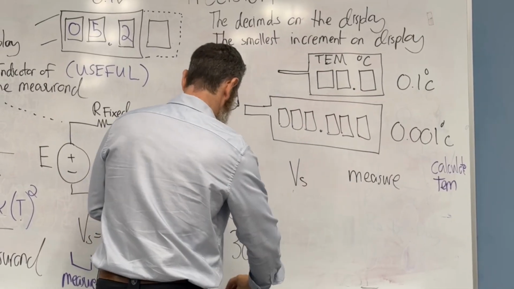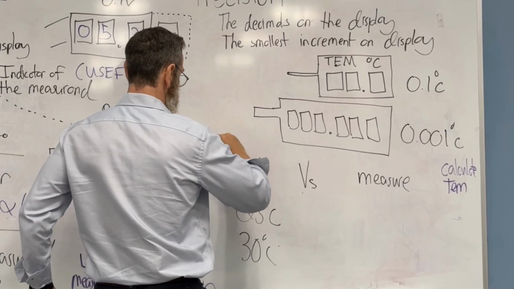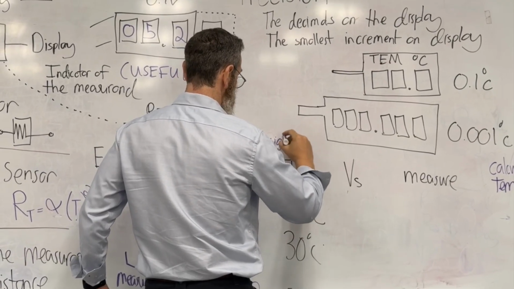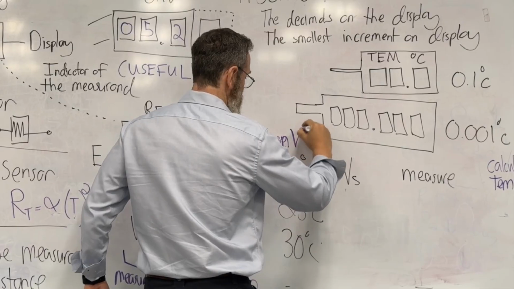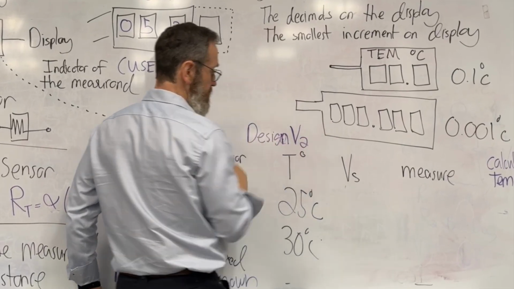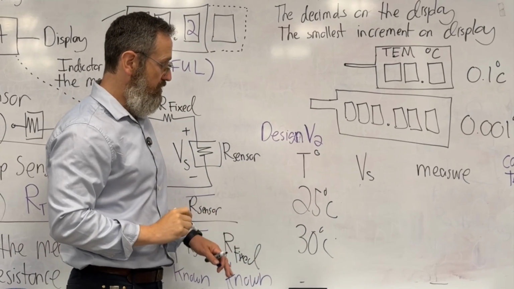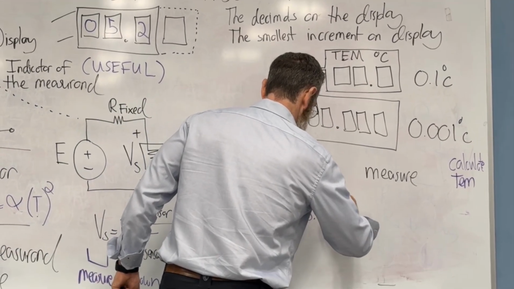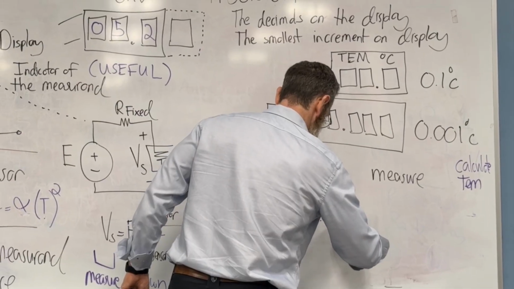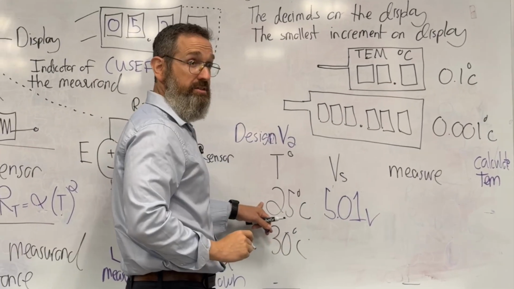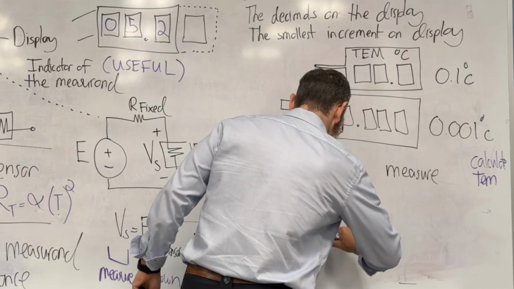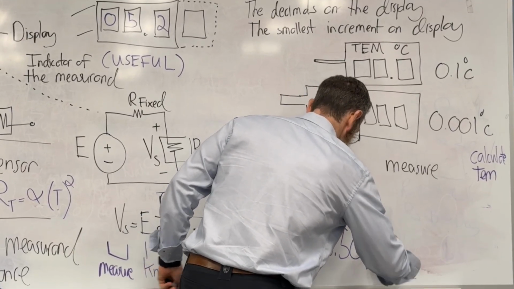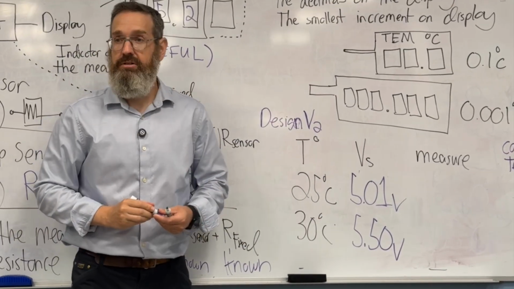Right? And we'll call this circuit design V2. In this circuit, well, let's do the same thing. It's 5.01 volts at 25 degrees, and it is 5.50 volts at 30 degrees.